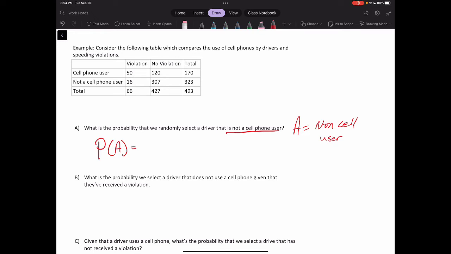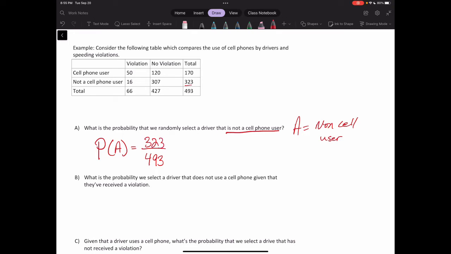Well, I know we started off this lecture about conditional probabilities, but notice here there's no condition. Anytime there's no condition, that means we're out of the grand total, in this case, of 493. So our denominator is a total of 493 participants. But out of those 493, how many of them do not use a cell phone? Well, you go to the not cell phone user row. How many total of them? There's 323.